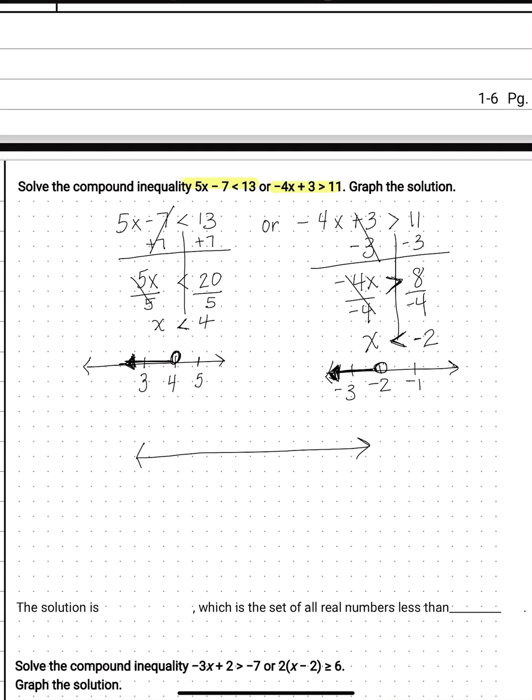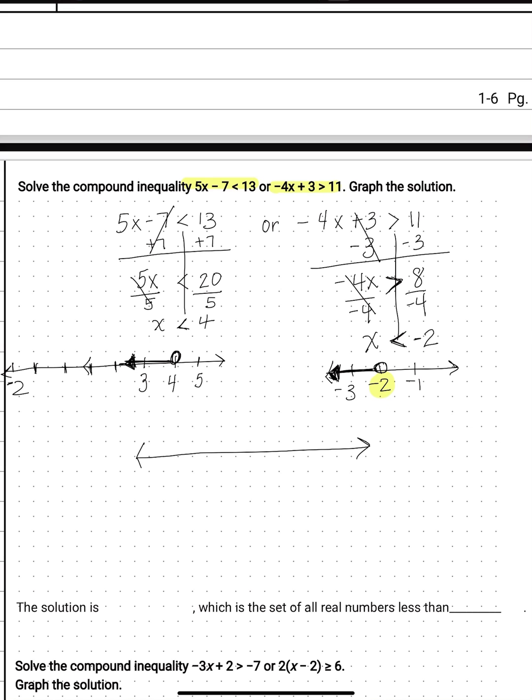And I'm noticing that since this one's negative 2, negative 2 is already to the left of 4, because this would be 2, 1, 0, negative 1, negative 2 if we continue the number line.